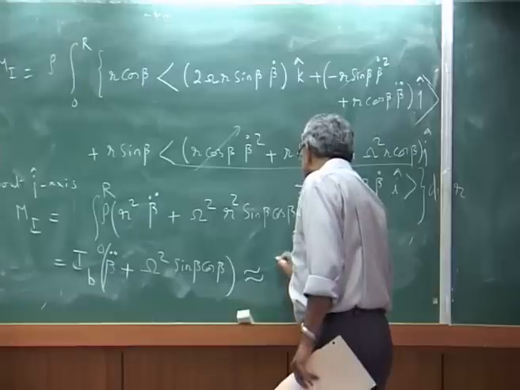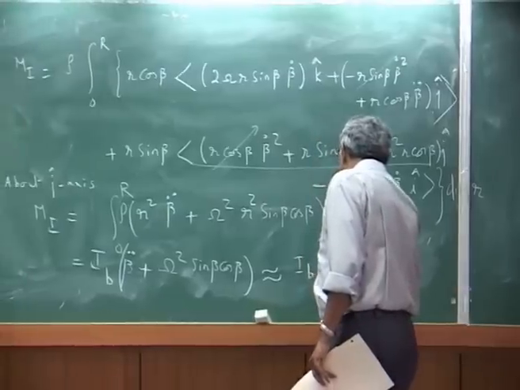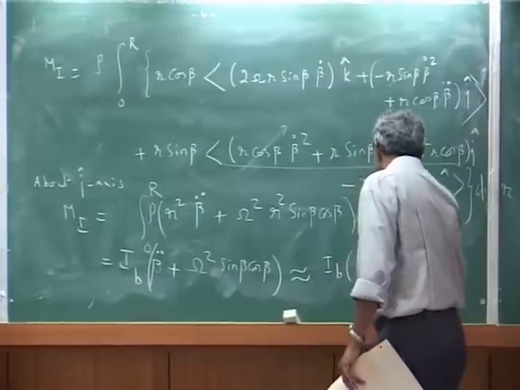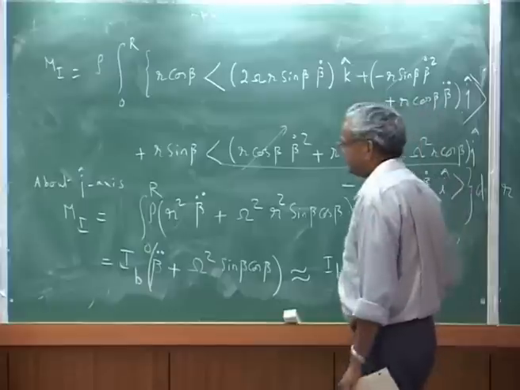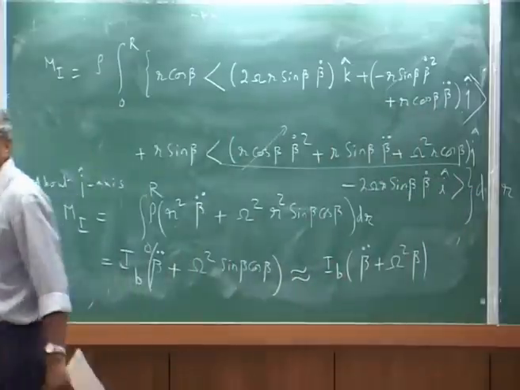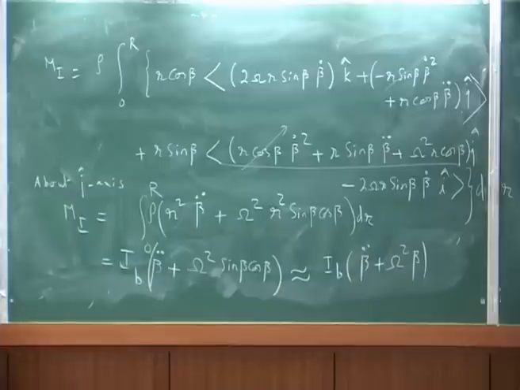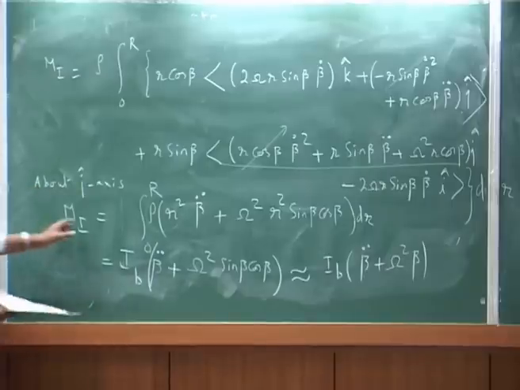So I will write this as IB beta double dot plus omega square beta. That's all. So my inertia moment in the flap direction about the j-axis is this.